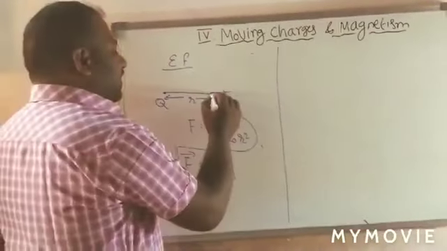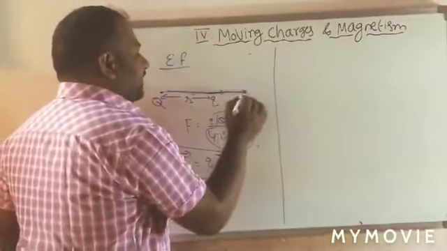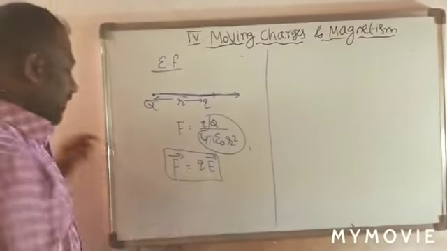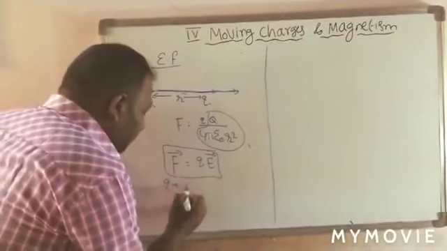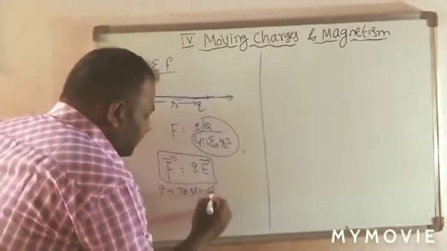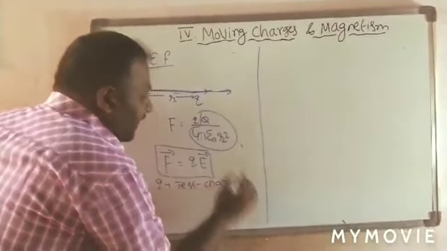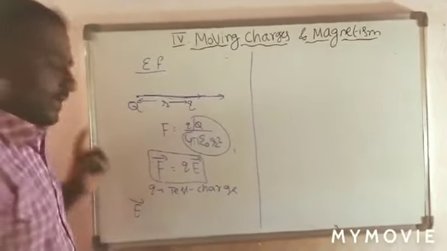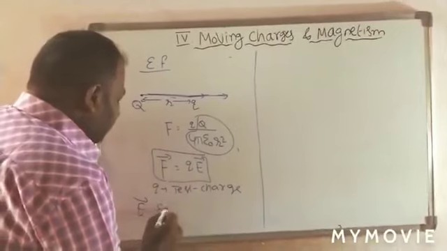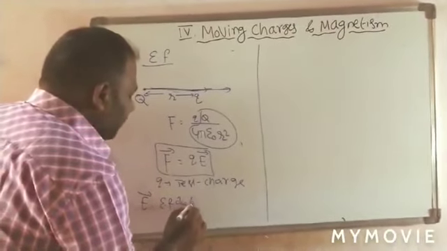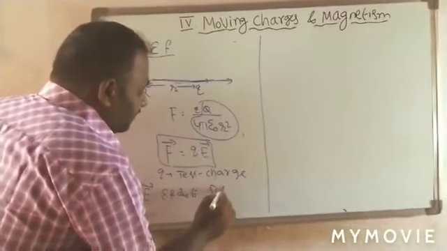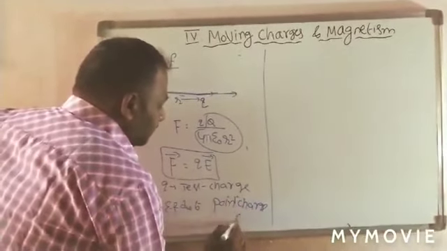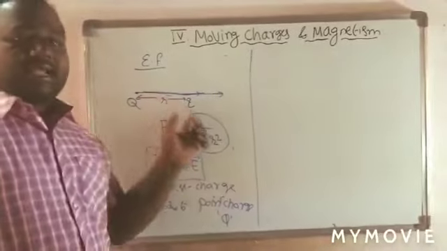That electric force is always along the distance vector direction, that is F = qE, where q is the test charge which we placed in the electric field, and E is the electric field due to the point charge capital Q. So this is the electric force.